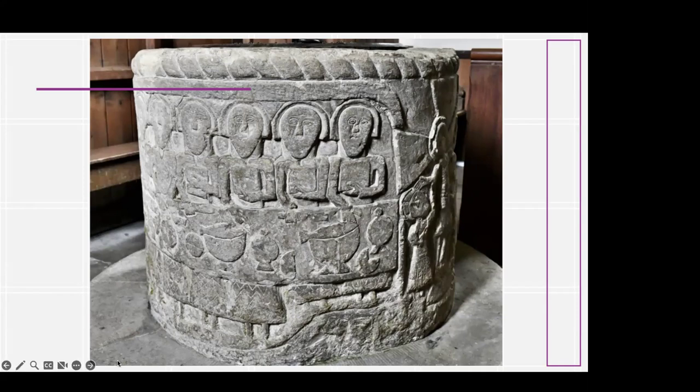It seems to me it's an opportunity you would take if you were teaching your congregation, so to speak, and using the font as a teaching aid. Again, this Last Supper theme is a very, very unusual one for a font. In fact, there's almost nothing on this font which suggests baptism or rebirth. It's the other end of the Christ story.